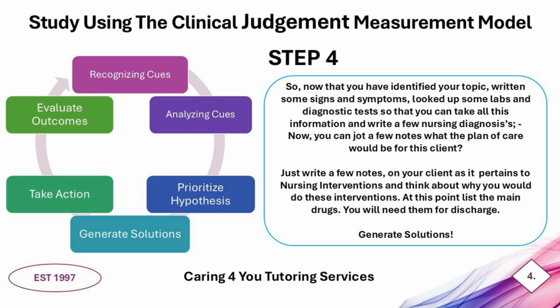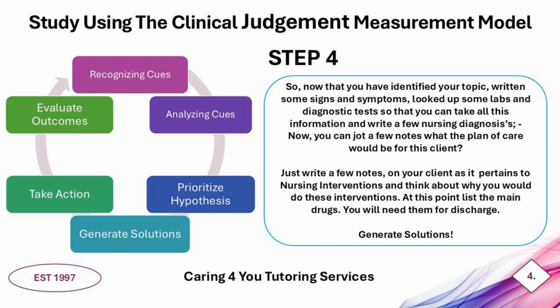So, now that you have identified your topic or your illness that you want to learn, you've written some signs and symptoms, you've looked up some labs and diagnostic tests as it pertains to your studying information, we've already written a few nursing diagnoses, haven't we?